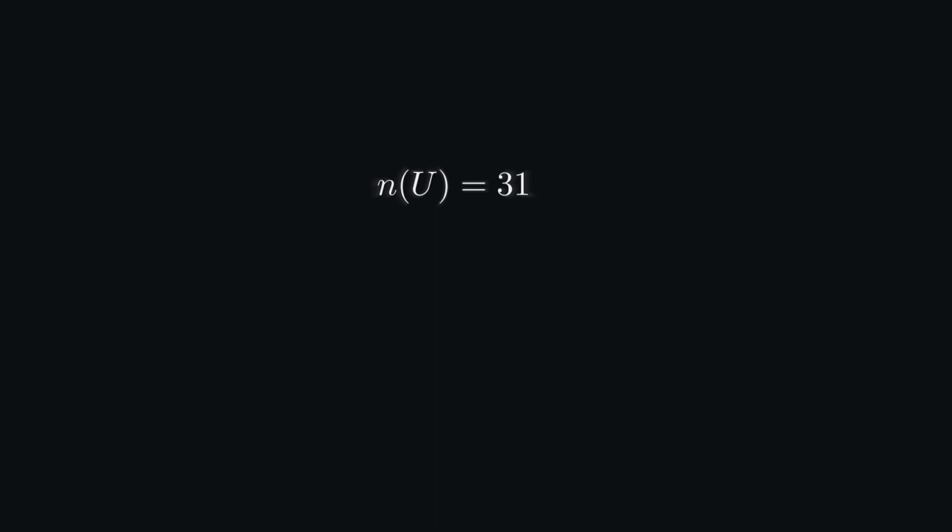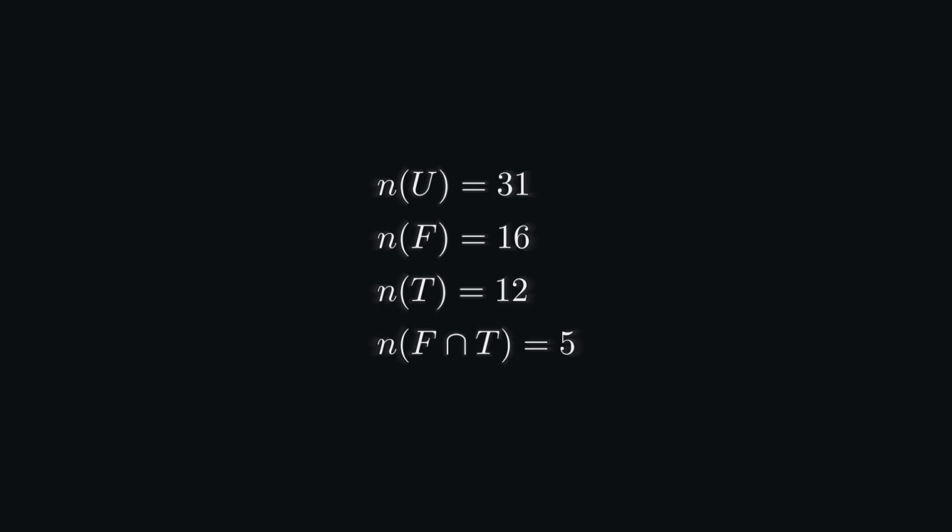This line says n(U) equals 31. This line says n(F) equals 16. This line says n(T) equals 12. This line says n(F∩T) equals 5.